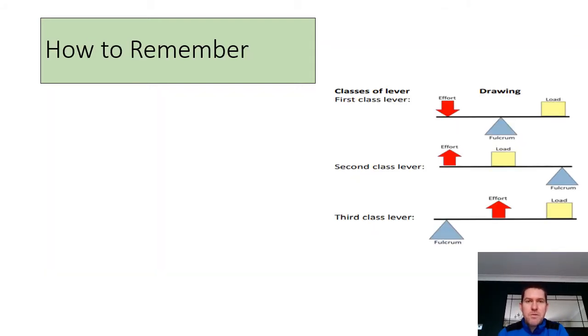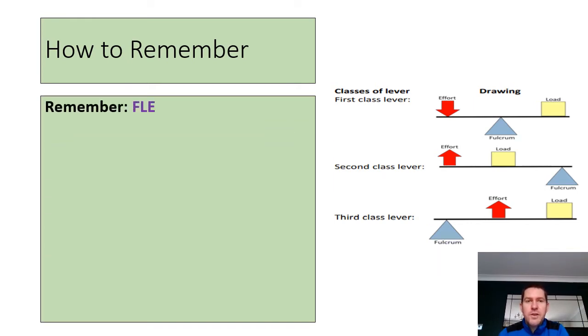So how do we remember the three different class systems? Well, we can use the mnemonic FLE, okay, and each of those letters will represent what is found in the middle of each class system.